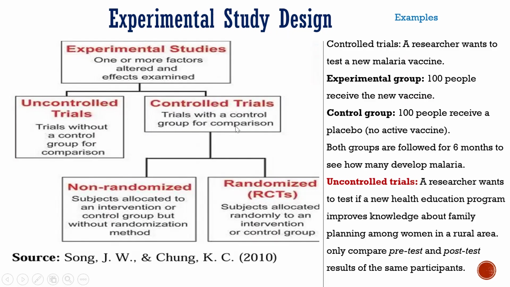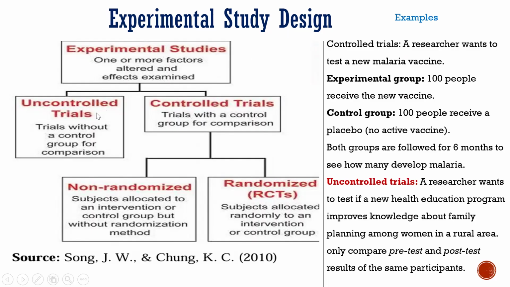It just means that when you are carrying out a controlled trial, you have the intervention or experimental group, and you also have the control group, so you can compare what is happening to these people and what is happening to the control group. Is it the same thing, or is there really an effect due to the intervention you are giving to the experimental group? I'm going to explain in more detail using an example.